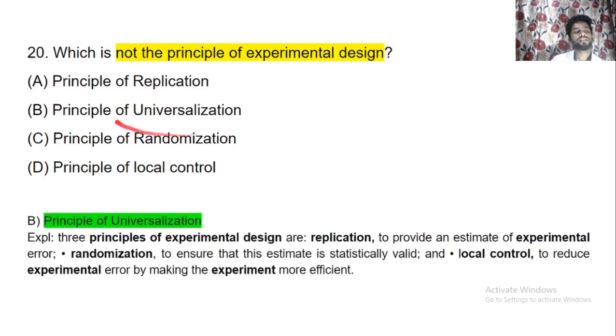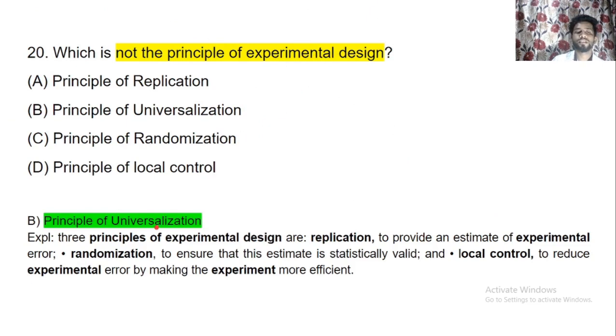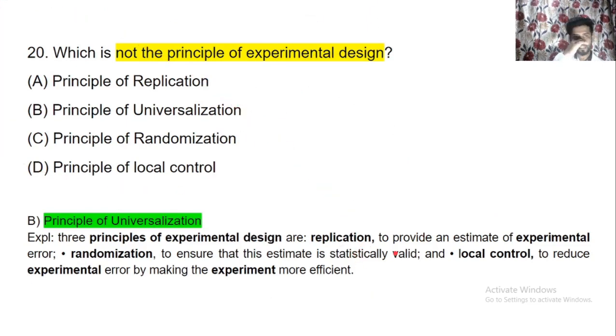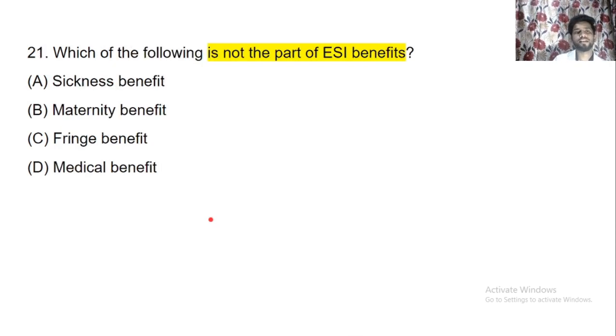Remember, "not" questions sometimes become very hard for students, because you have to use the technique of eliminating options. We know that universalization cannot be a principle of experimental design, because in experimental design there are three principles: replication, so that there is a replicate to provide an estimate of experimental error; randomization, to ensure the estimate is statistically valid; and local control, which means reducing the experimental error by making the experiment more efficient. So the principle of universalization cannot be a principle of experimental design.